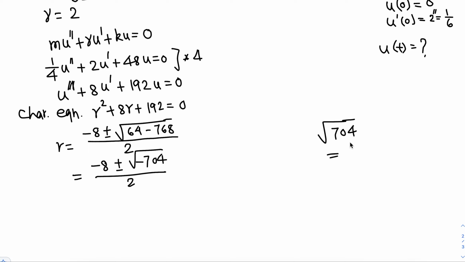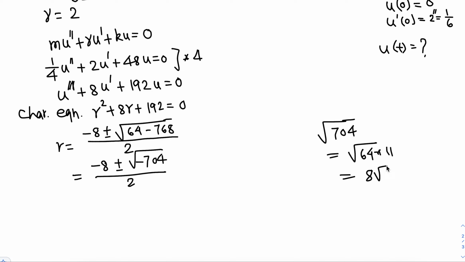Let's look at 704, without the negative. Does it have a perfect square factor? Divide by 4, 9, 16, then 25. 25 is not going to divide. 36, I'm just trying perfect square numbers. 64, yes, 64 divides, that's the maximum. After 64 we get 11, so nothing left.